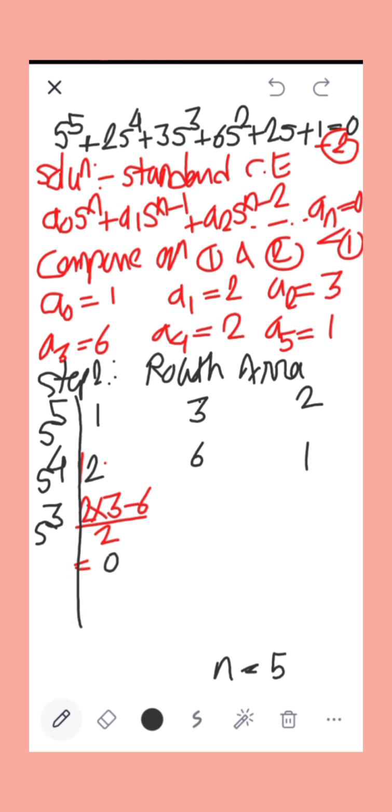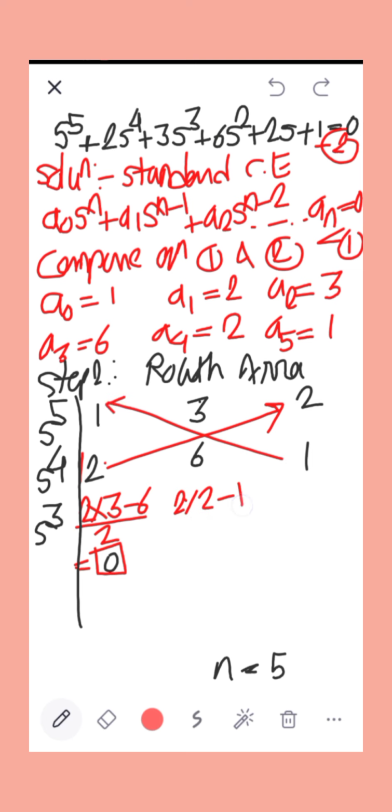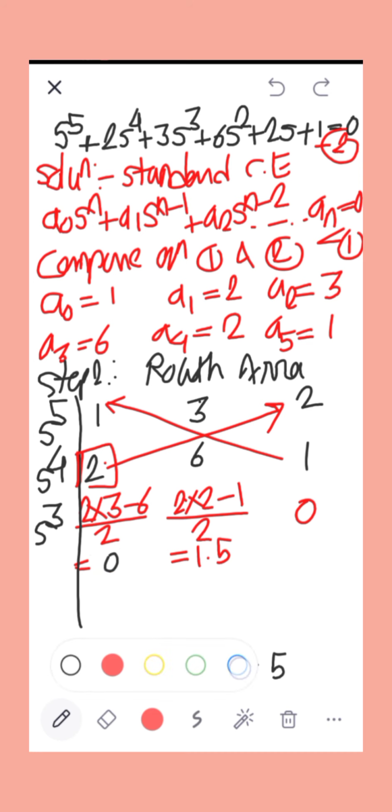It is 0. Next, 2 into 2 minus 1 into 1 upon 2. How much? 1.5.